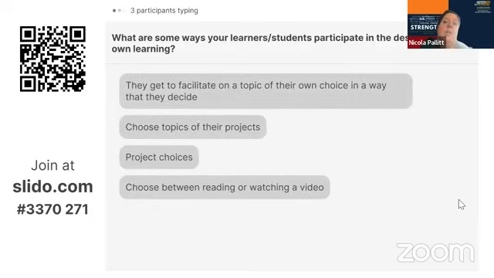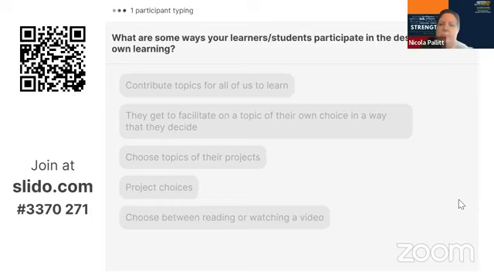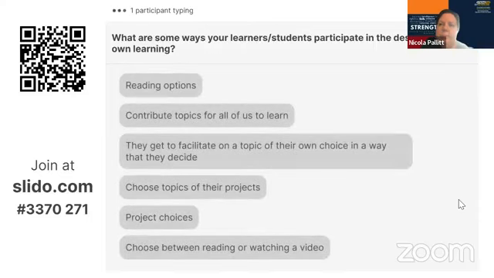A nice one: they get to facilitate on a topic of their choice in a way that they decide. Reading options, choosing what you want to read.